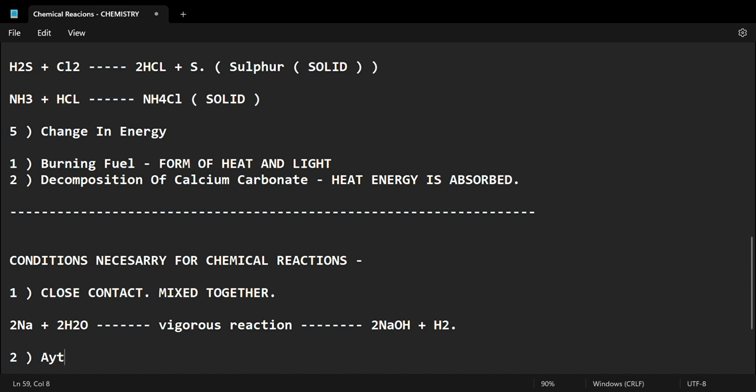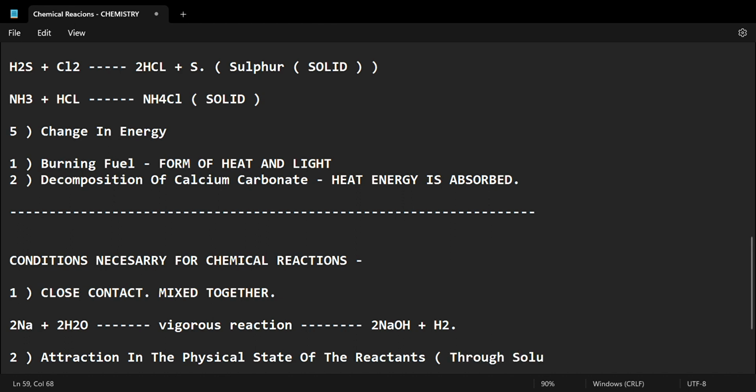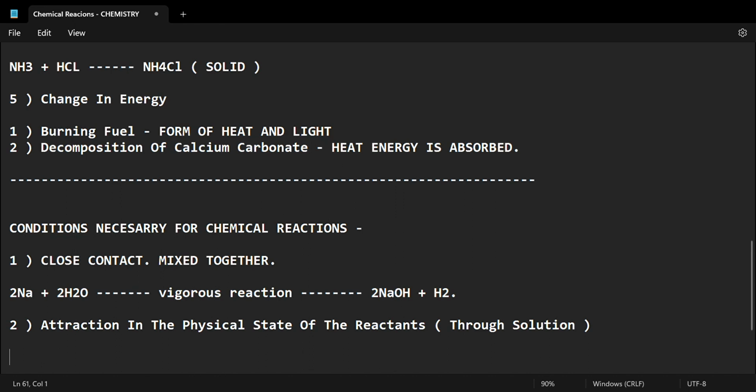Now the second is the attraction in the physical state of the reactants, which is through solution.